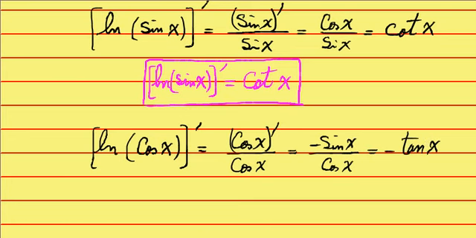Let me write it in this fashion. If I want to move this minus out of sight, then I have to move it to the other side. So I might want to write it like this: minus logarithm of cosine of x. If you differentiate that, you're going to get tangent of x.